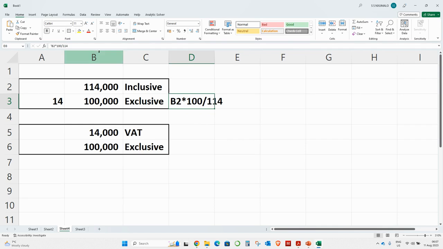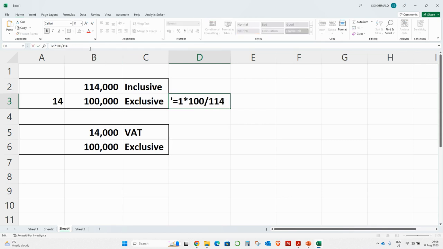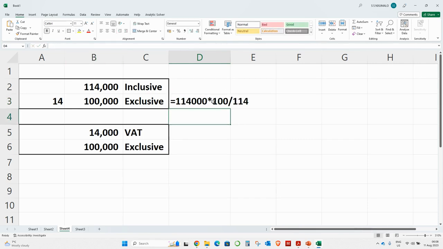This is what it looks like. This is what you're going to punch in your calculator. Actually, let me just type it in. It was 114, you times it by 100 and then you divide by 114.